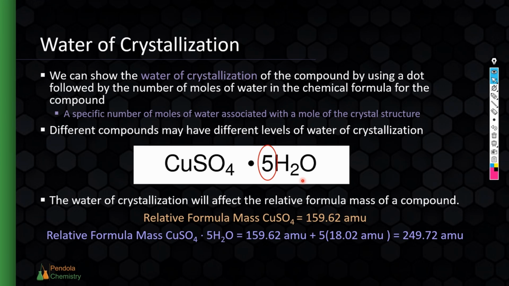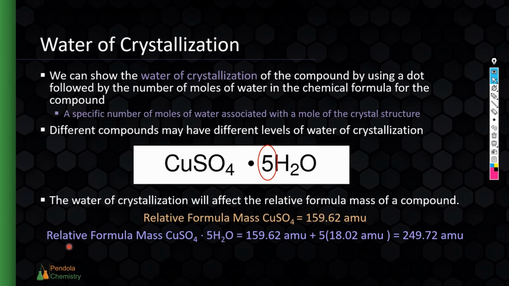But what will always change when we have a hydrated compound, as opposed to the anhydrous compound, is the relative formula mass. What you have to realize is that when we have a hydrated compound, the water trapped in the lattice becomes part of that lattice. So the relative formula mass of anhydrous copper 2 sulfate is simply 159.62 AMUs. We add up the atomic masses of 4 oxygens, 1 sulfur, and 1 copper.